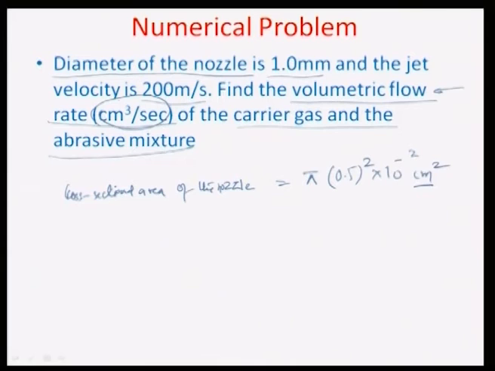So, we are just converting everything into CGS system, and the velocity of the gas is again 200 times 10 to the power of 2 centimeters per second.